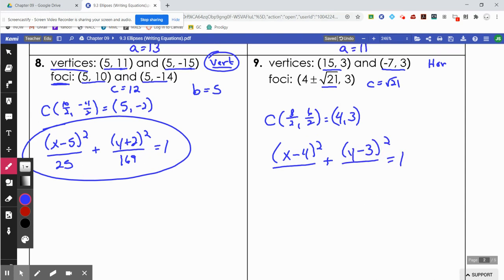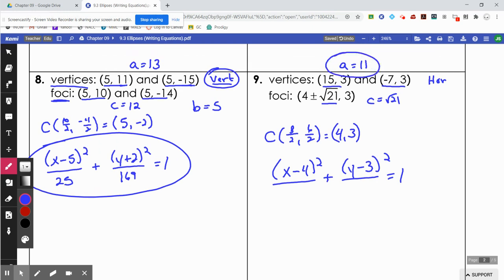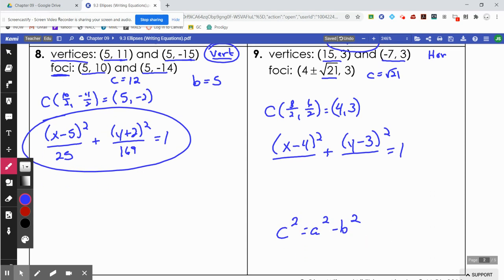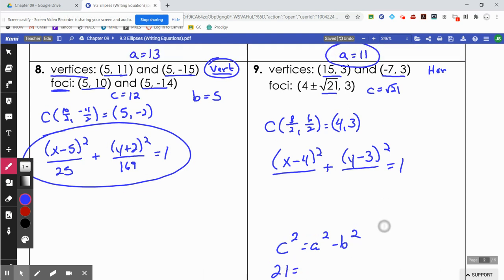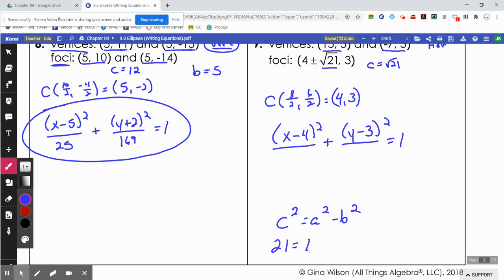I have my a value, but I don't have my b value. But I know that c² is equal to a² minus b². c² would be 21, is equal to a², which is 121, minus b². Let's solve that. That gives you b² is 100. So b would have to be 10.